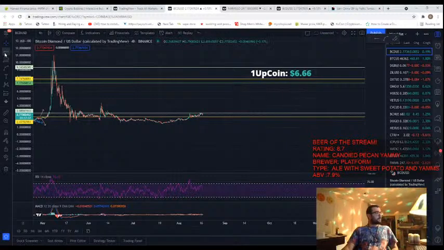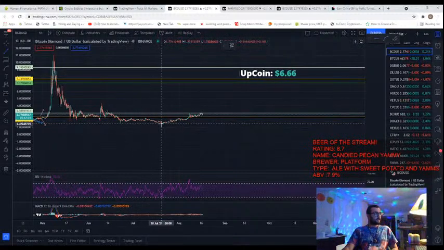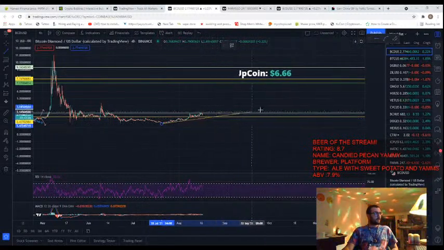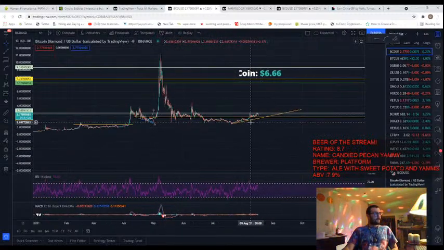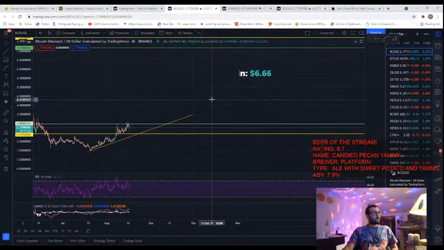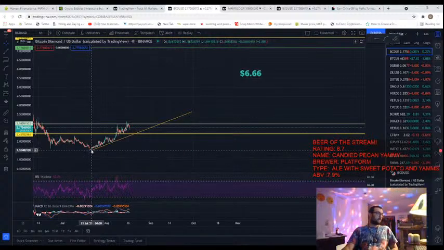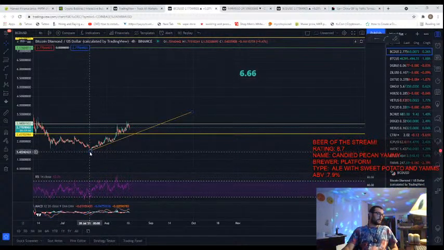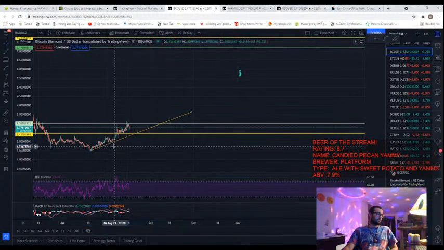We got a nice upwards trend line on Bitcoin Diamond. This asset, it's really bullish. It's staying way above the trend line right now. So, from this low at July 20th, 2021, to the next low, you would pinpoint your trend line at.